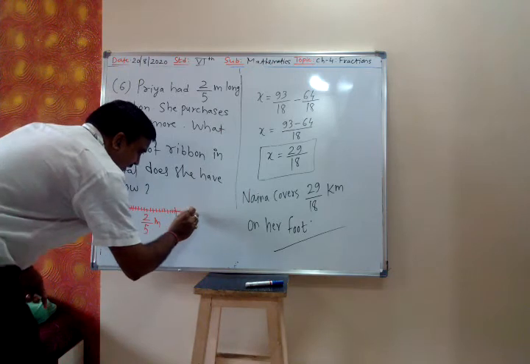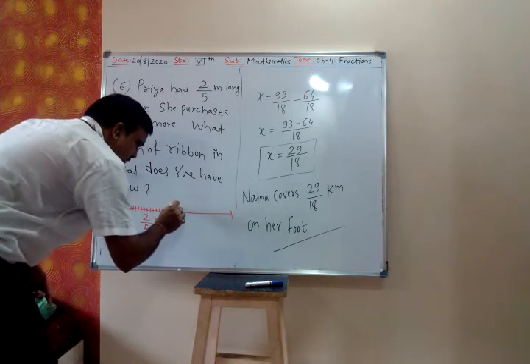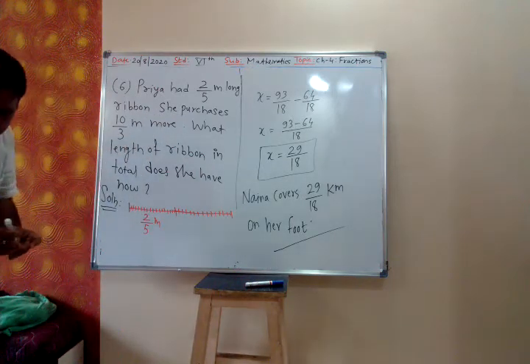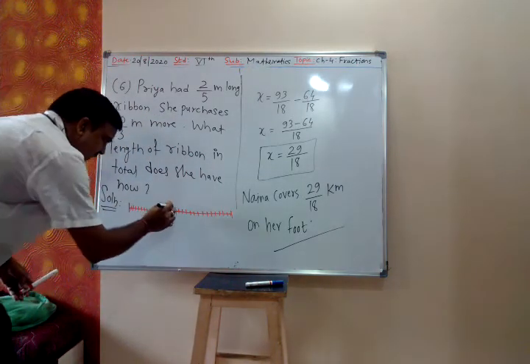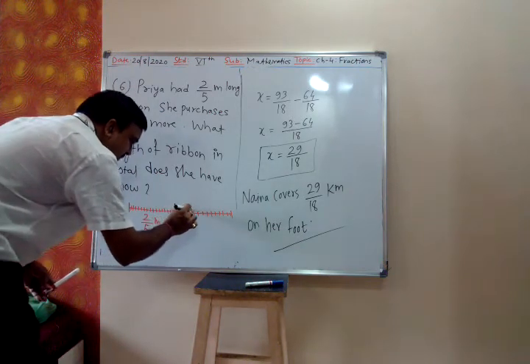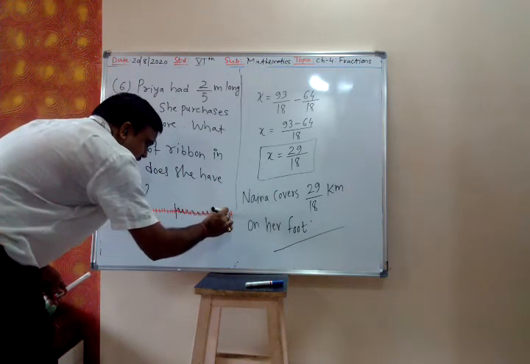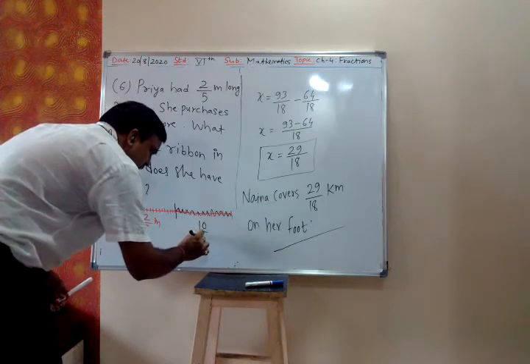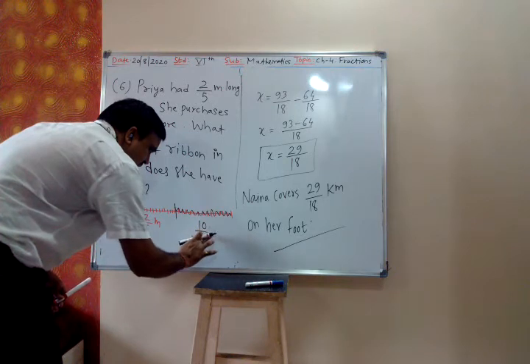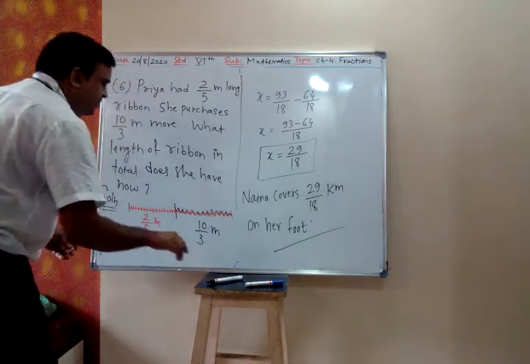So from this much, 2 upon 5 meter, she purchases 10 upon 3 meter more ribbon.